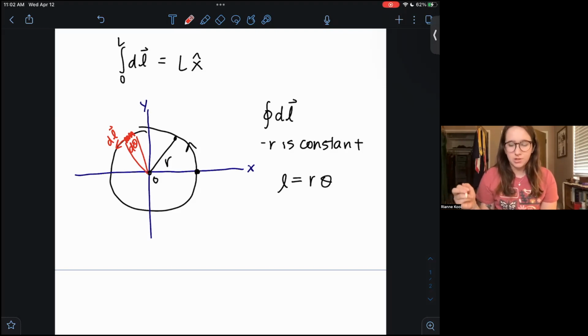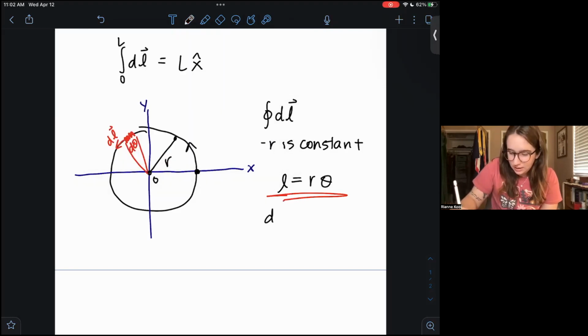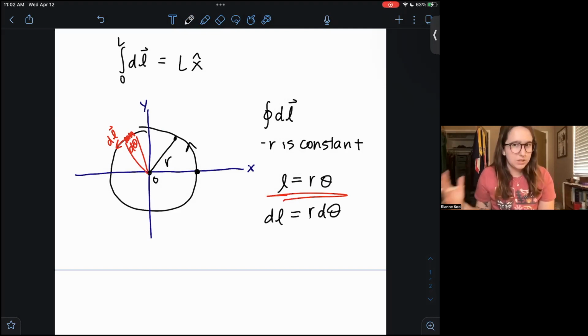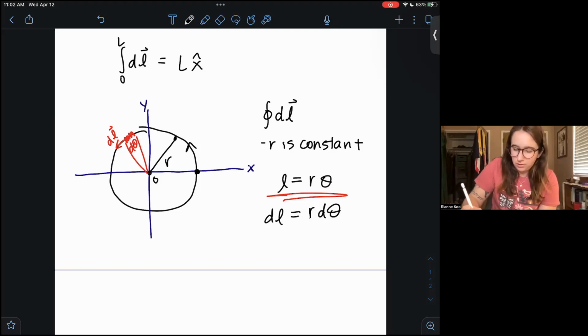So what this is saying is that our dL is actually r d theta. If we differentiate the dL, our r is not changing, but our theta is, so it's d theta.